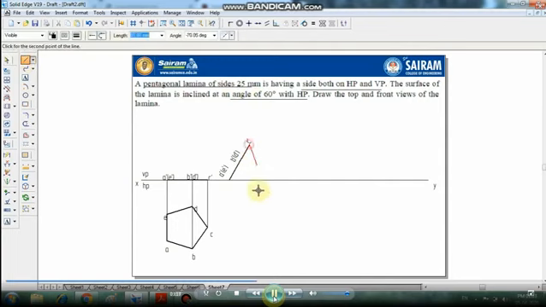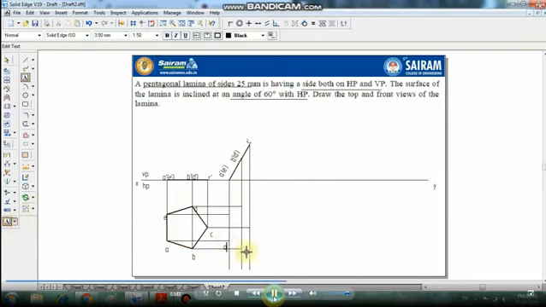Then draw the projection lines. We have to draw a vertical line from this edge and from this edge. Now draw A to A dash where it meets, B to B dash, C to C dash, D to D dash, E to E dash.